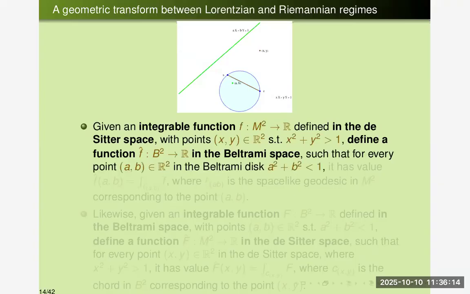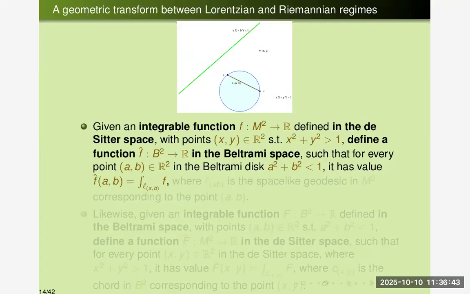Simple as that. Take function f in here, integrate it over the line corresponding to AB, and you will get a function at AB. So you will have a function in here. Do you agree? Yes. Standard measure type.